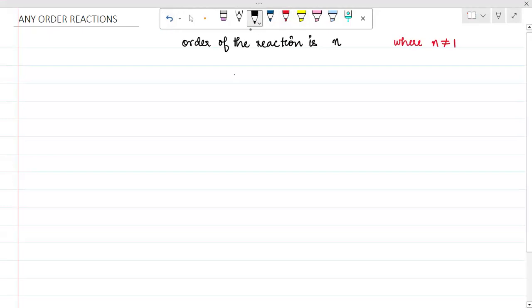Now, our reaction would be A giving products. Comparing the theoretical and the experimental rate, we have been doing this for a while. The change in the concentration of A with respect to t, which is the theoretical rate, is equal to rate constant into concentration of the reactant to the power n, which is the experimental rate.